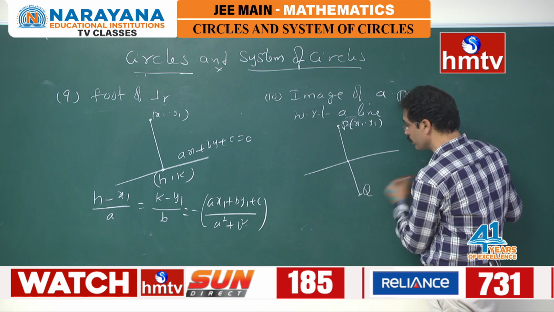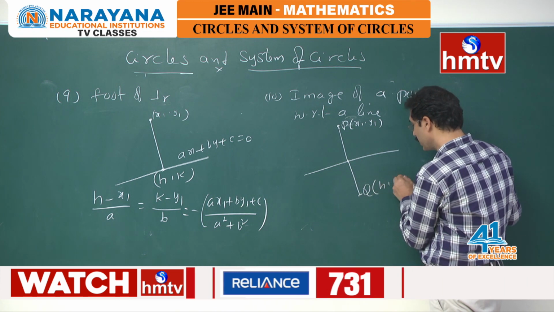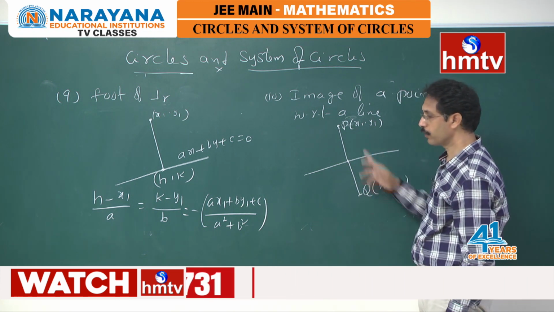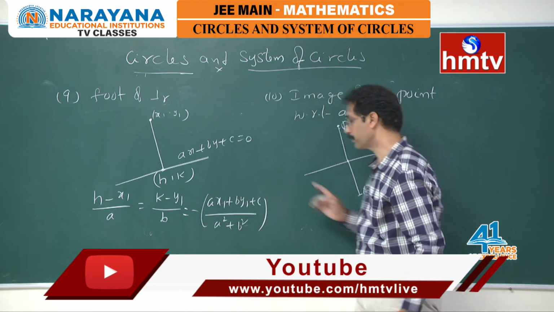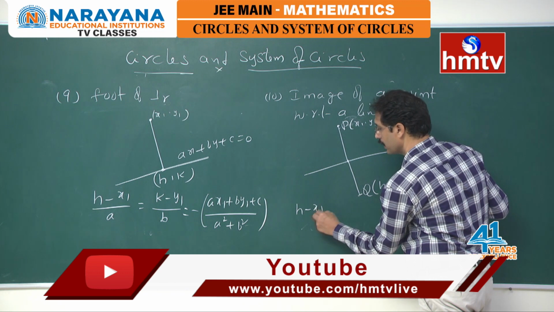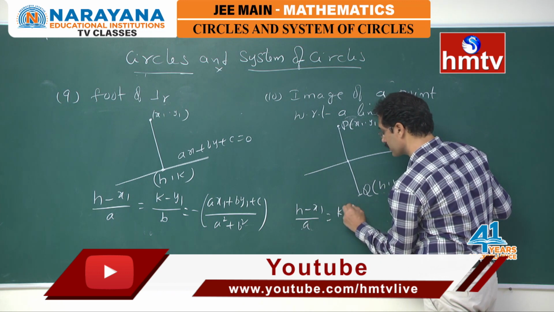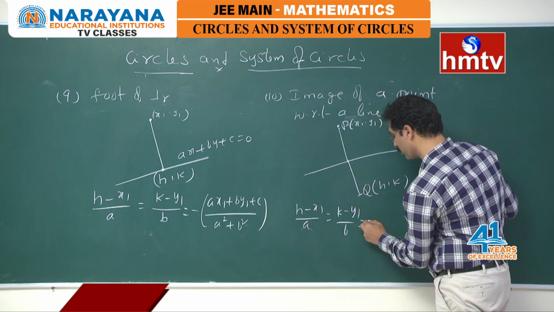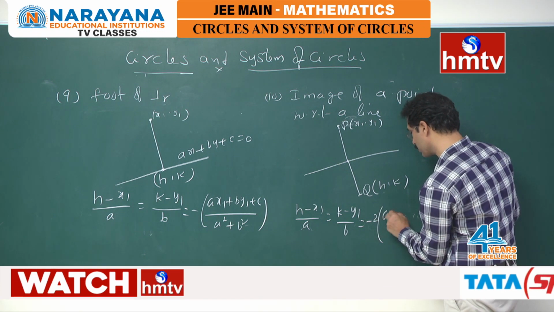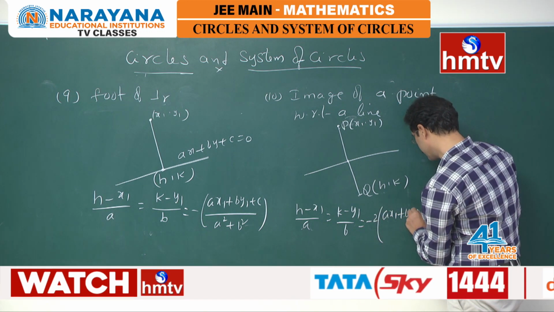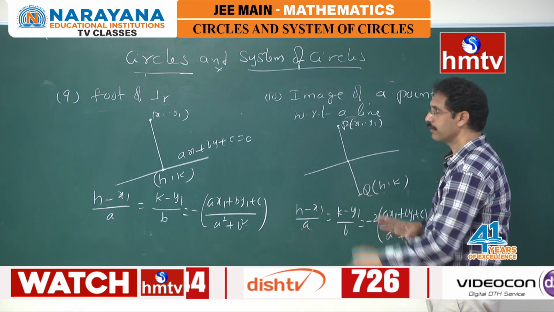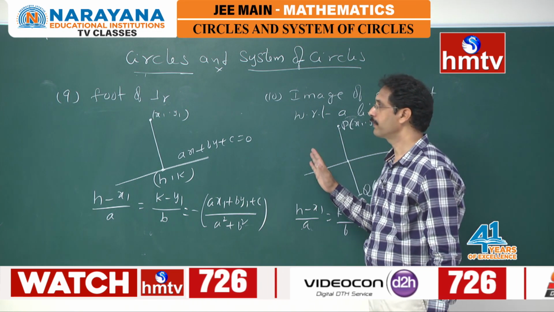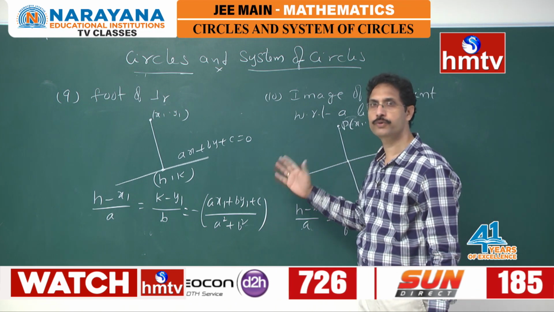If it is Q(h, k), then we get the same result, just a 2 will come. That means (h - x1)/a = (k - y1)/b = -2(ax1 + by1 + c)/(a² + b²). These are some standard formulas that we frequently use in circles.